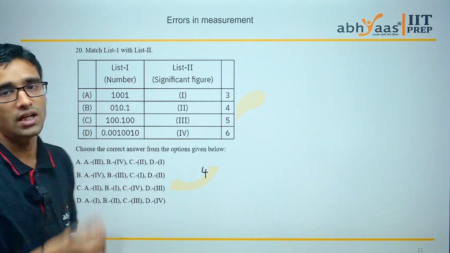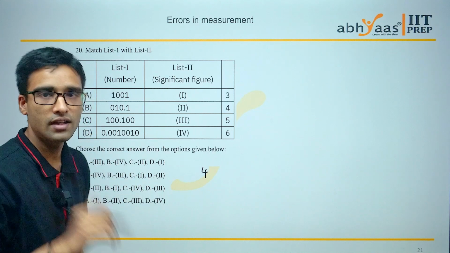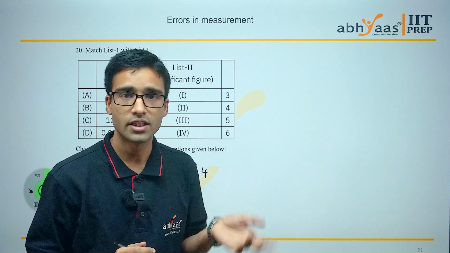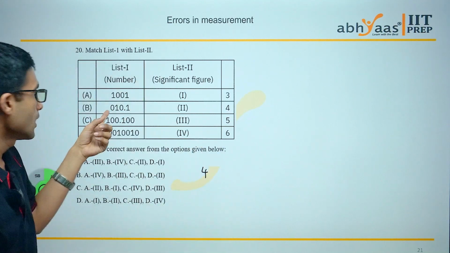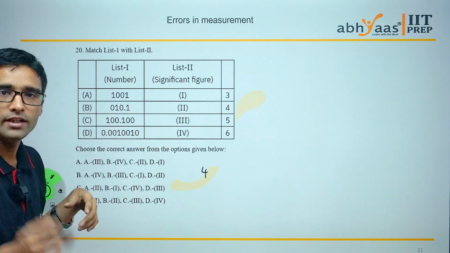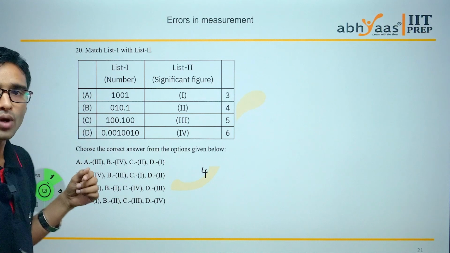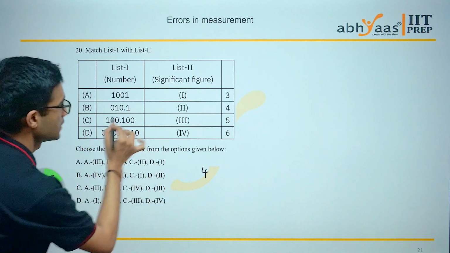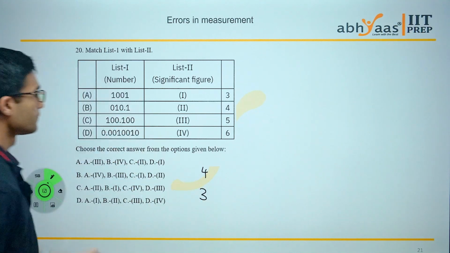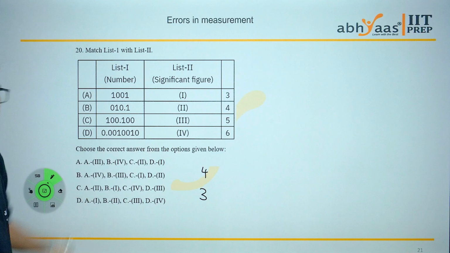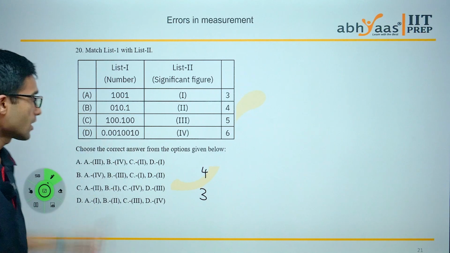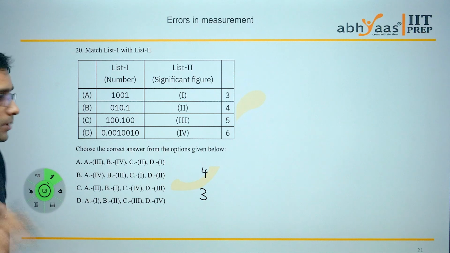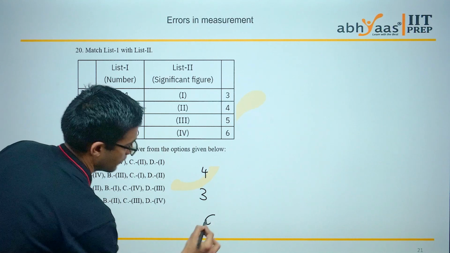For example, in 100 all digits are important, but if you keep 0 before that, it is not important. So 10.1 has 3 significant figures. Here there are 6 digits, 100.100. After the decimal, every number is significant, so it has 6.